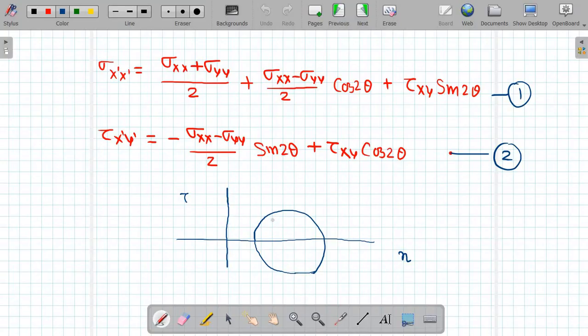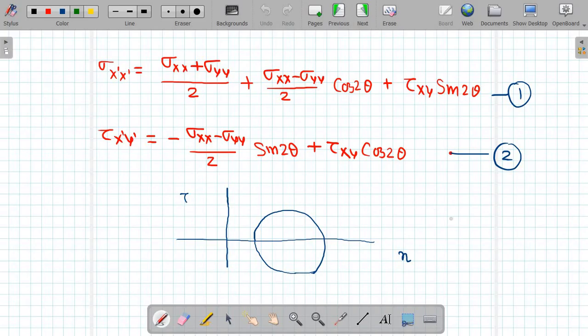Now, as I told you, we can arrange this expression into a circle. So let us try to attempt it.